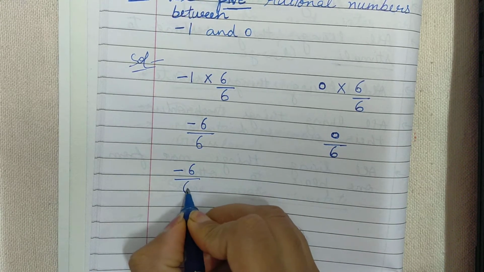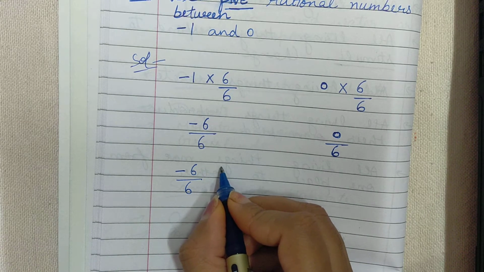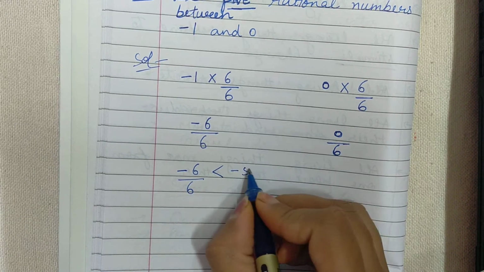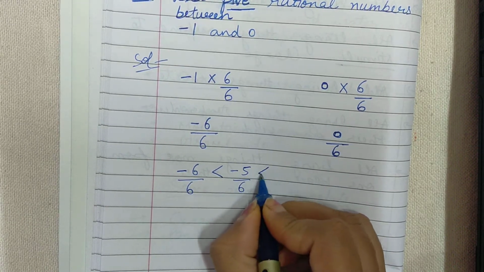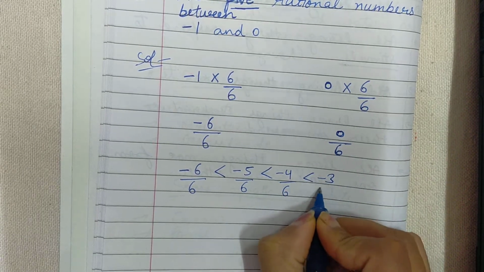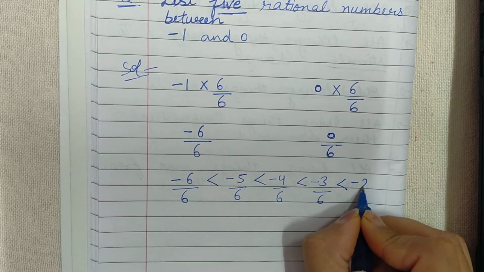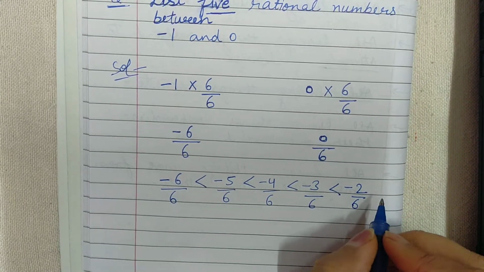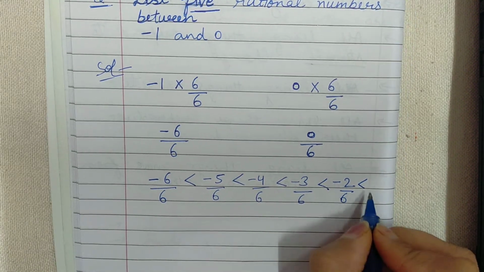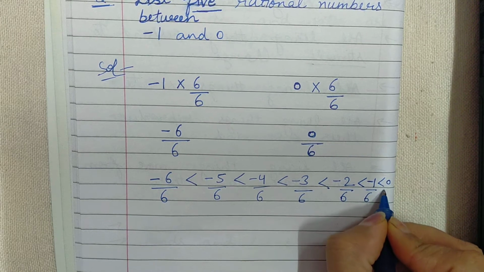Minus 6 upon 6, and then minus 5 upon 6, minus 4 upon 6, minus 3 upon 6, minus 2 upon 6, minus 1 upon 6, and 0 upon 6.